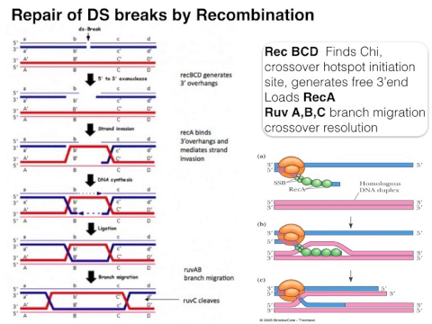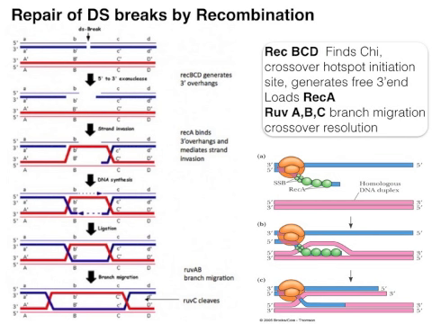In this diagram, the homolog is shown in red. The invading 3' strand is shown in blue. Once the RecA-coated 3' end has invaded the homologous DNA, it finds the homologous sequence, and then DNA polymerase begins to polymerize DNA to replace what's missing, and then DNA ligase seals the breaks.